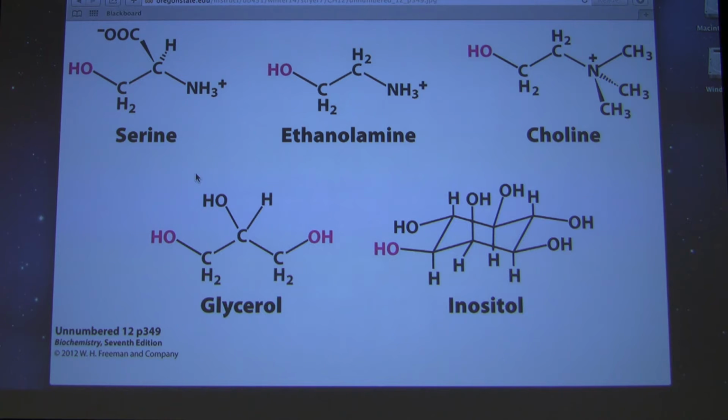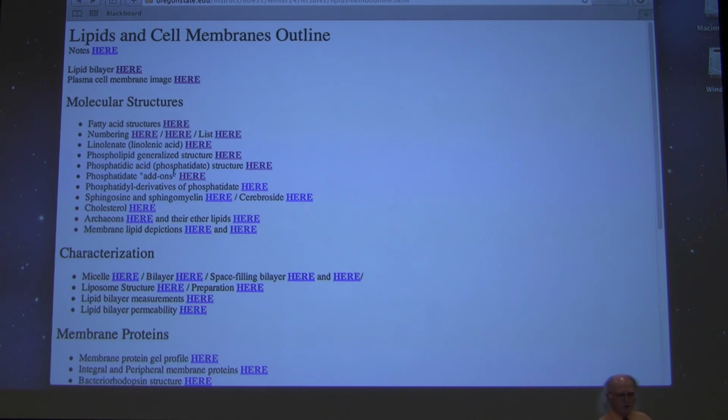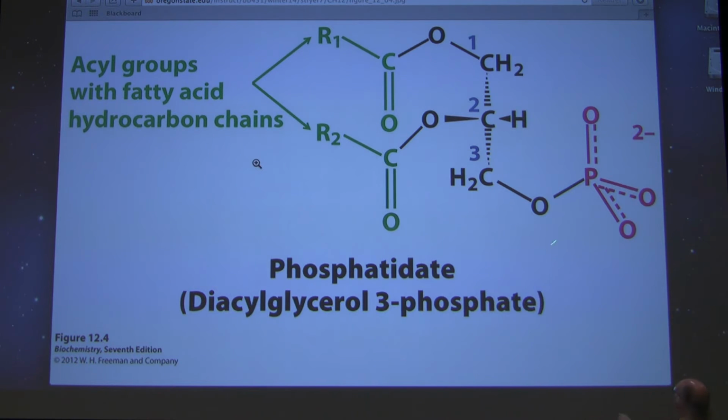If I do, I create something called phosphatidyl-serine. I'll spell that for you. P-H-O-S-P-H-A-T-I-D-Y-L. Phosphatidyl-serine has the following structure. The structure that it has is this guy right here with a serine attached out here on the right.